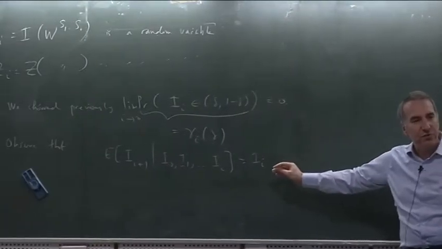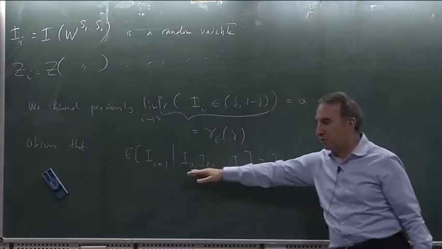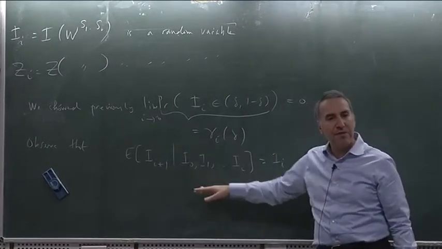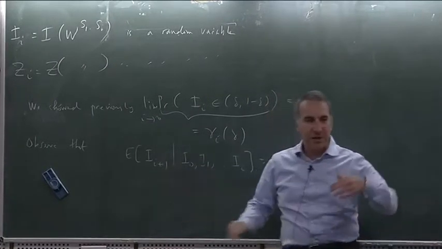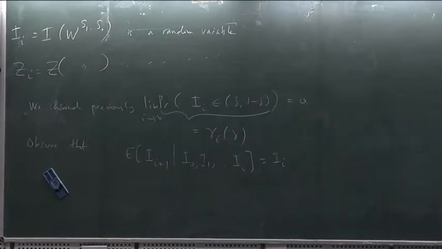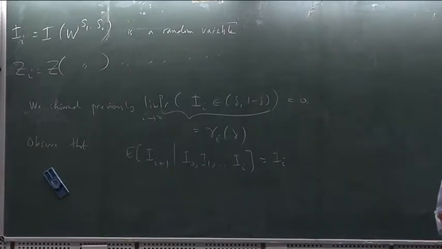Now such processes have a name. The processes for which, given everything that happened in the past, the expectation of the next step is equal to where you currently are, are called martingale processes. This is called a martingale.